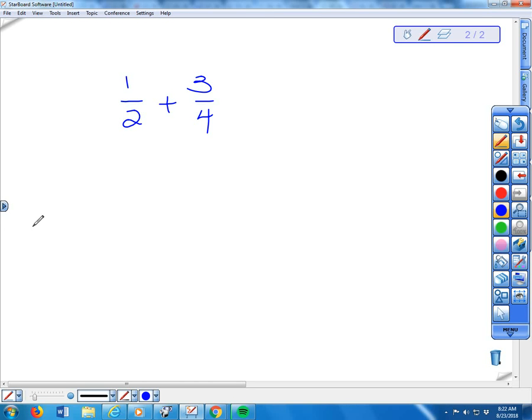Crisscross method says, multiply your denominators. With me? Now I just cross: 4 plus 6 is 10. Okay? 10/8. Can I simplify that? Yes. By 2.